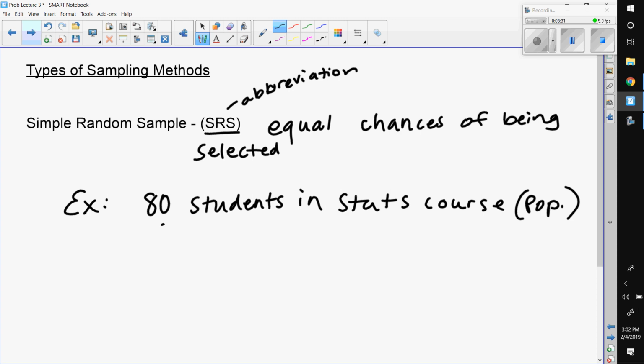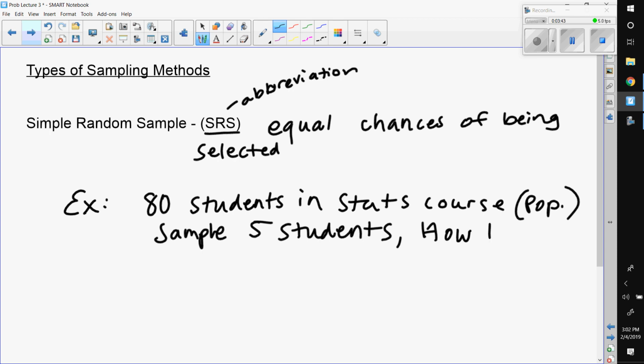We're going to sample 5 students. How would we use SRS here? We would need to number them.